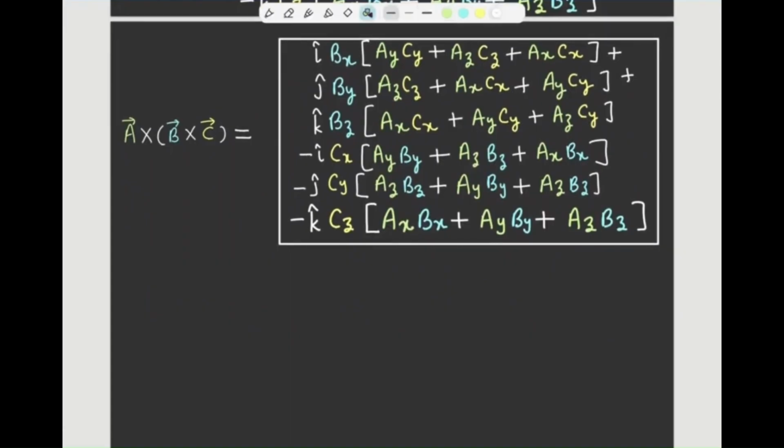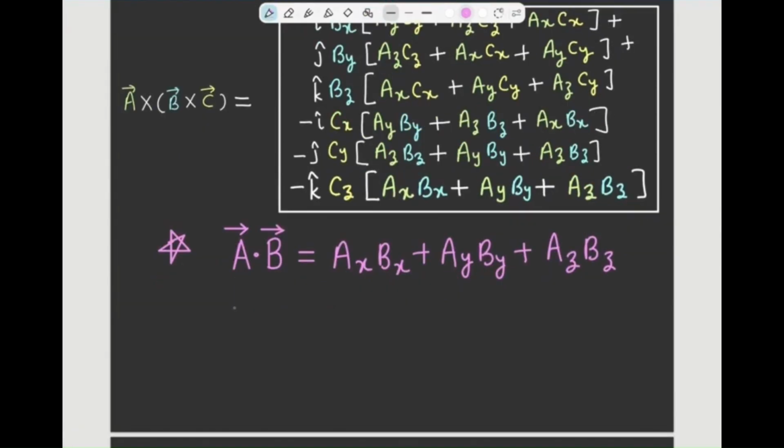Hopefully, you have already seen dot product, also known as scalar product. The dot product of vector A and vector B is defined as ax bx plus ay by plus az bz in terms of the vector components.